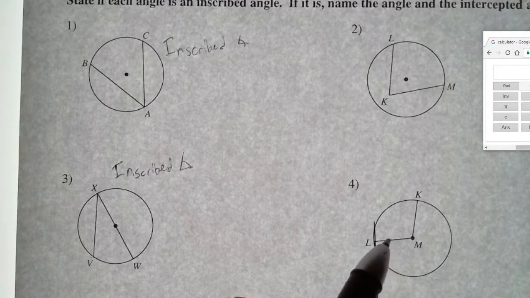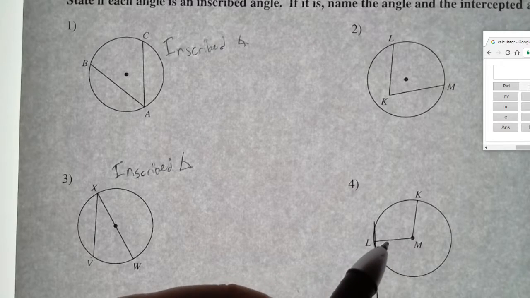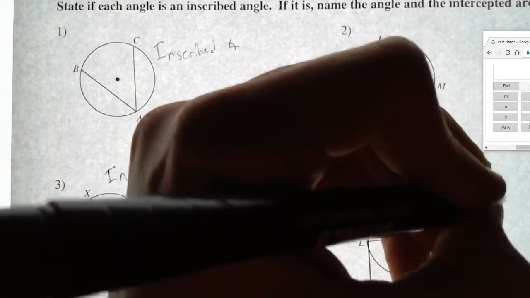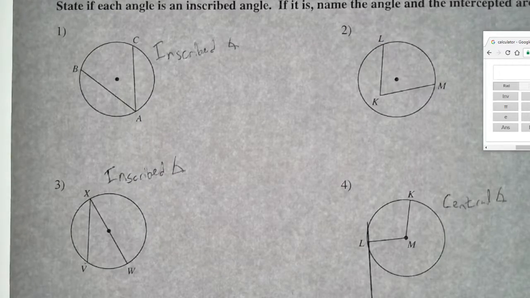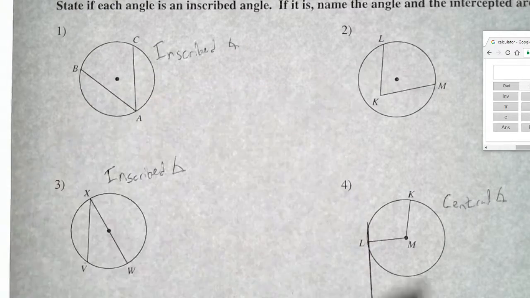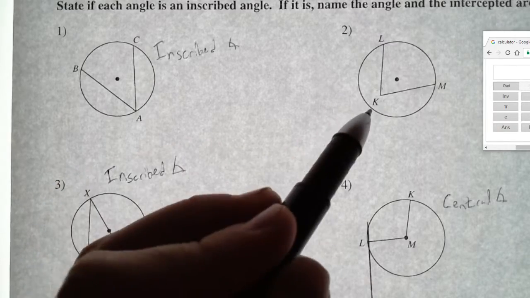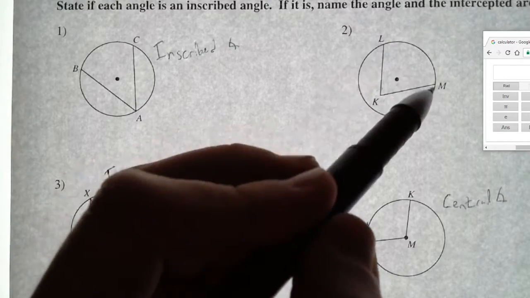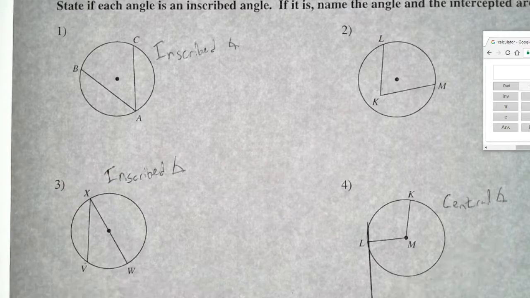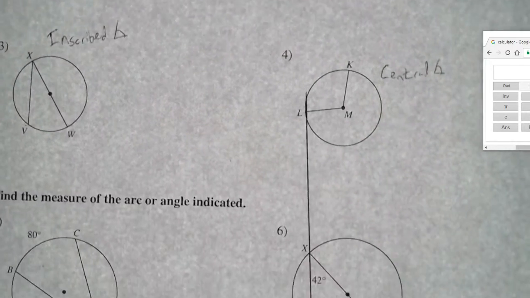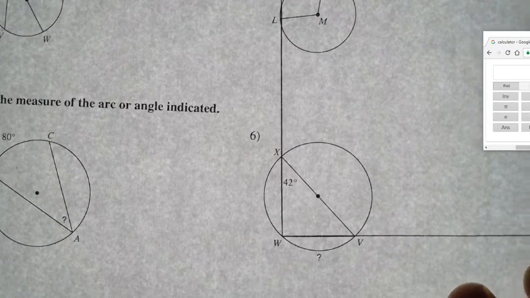This one over here, number 4, the vertex is directly in the center, so this is a central angle. And then this one over here, it's neither. It's not inscribed because the vertex is not touching the edge, and the vertex is also not directly in the center.